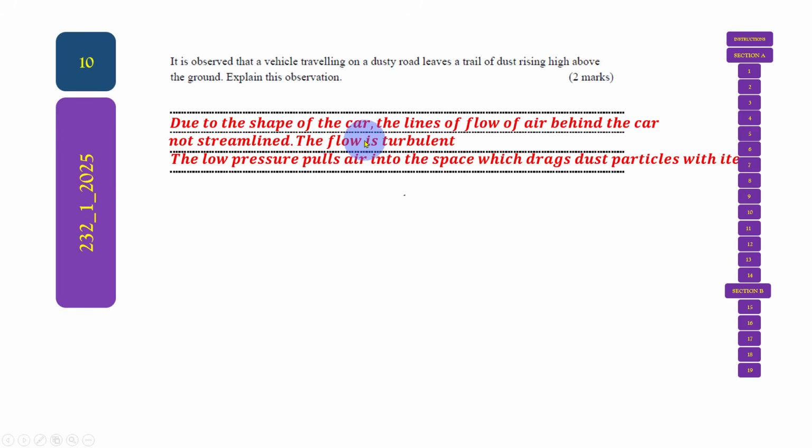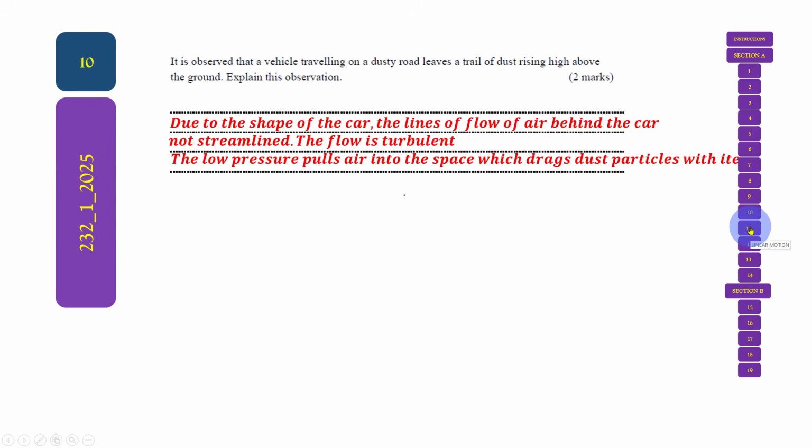Due to the shape of the car, the lines of flow of air behind the car are not streamlined. The flow is turbulent. The low pressure pulls air particles into the space behind the car, and that is why it appears dusty. Probably that is the kind of answer you can give for question 10.